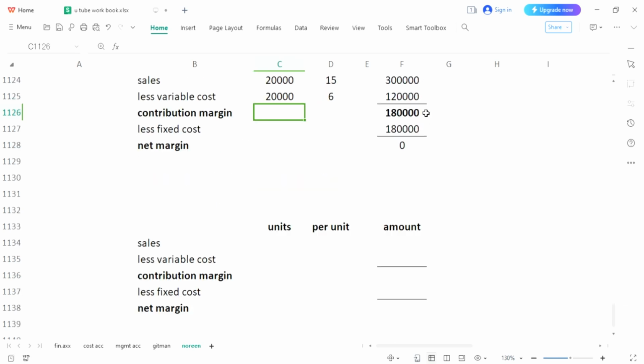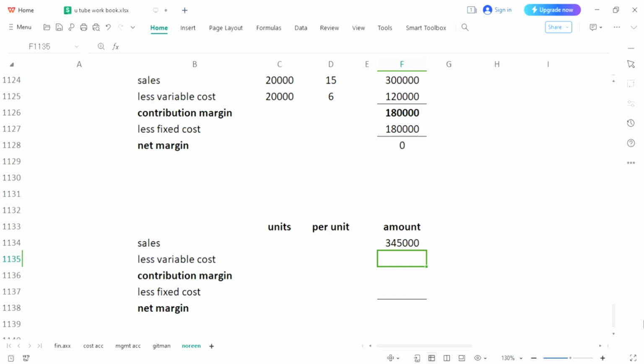Come down. Here is your sales 3 lakh, old sales, and he wants us to increase this sale by 45,000. To increase, what you will do, you will add 45,000, as said over there. So new sale would be 3,45,000, and then we have variable cost.